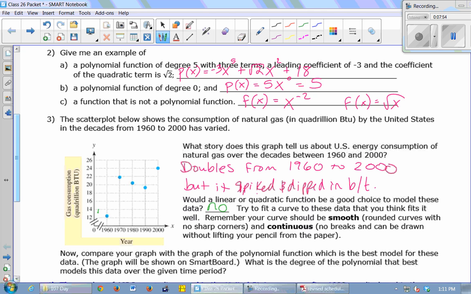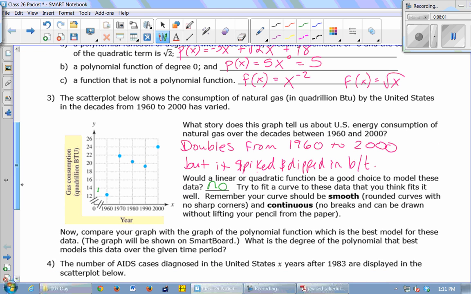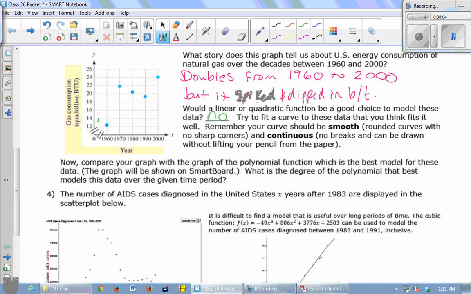And try to draw a curve that kind of follows that pattern of spike, dip, and back up. Nice. Basically, we're just trying to connect the dots with a smooth, continuous curve. So I do the best I can, and I go something like that.